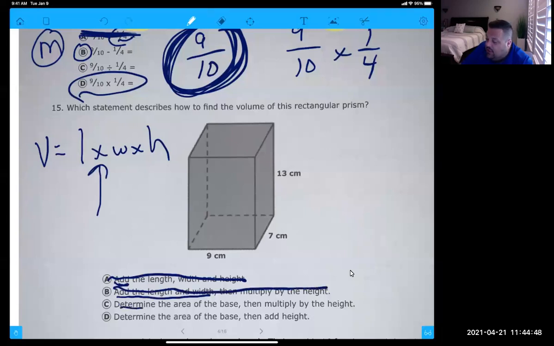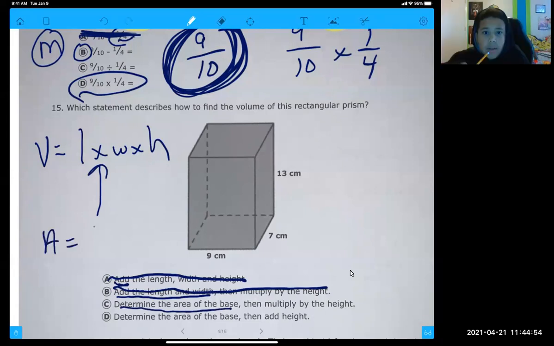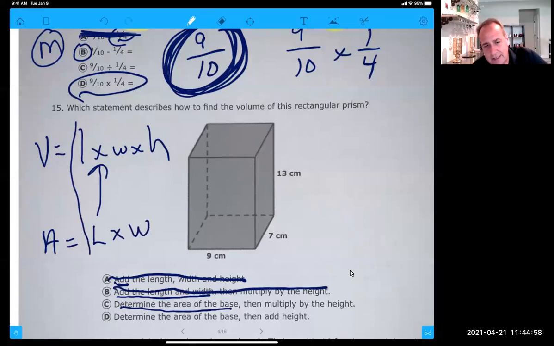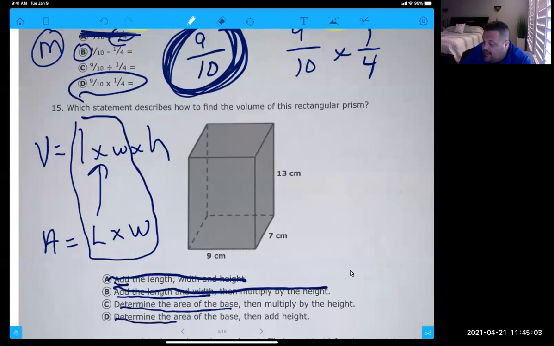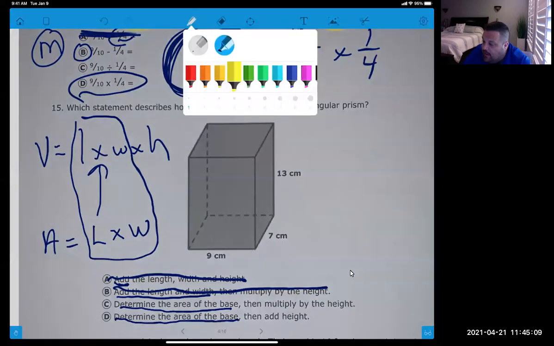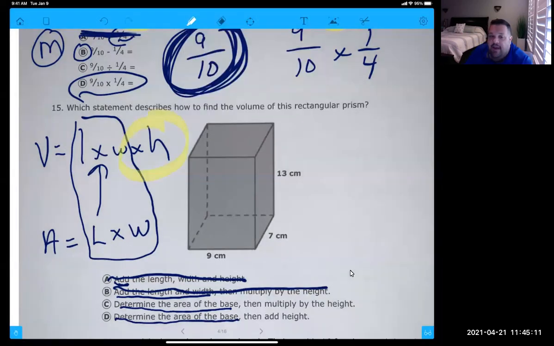Now it says determine the area of the base. Well, area is what? Who remembers what area is? Area equals multiplication. Length times width. Good, that's right. That's this part, right? So both C and D say determine the area of the base, so they both could be right because now we got this part. But now we need to find this part, right? We need to find which one's going to tell us to multiply the height because that's the only thing left, right?